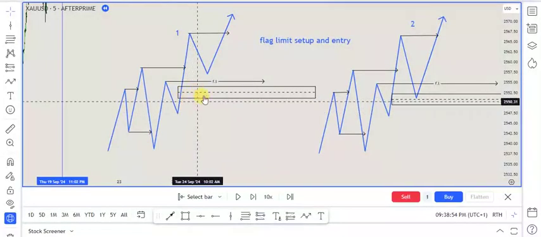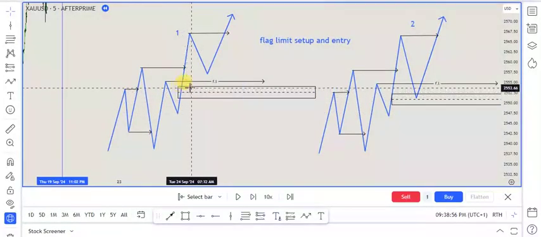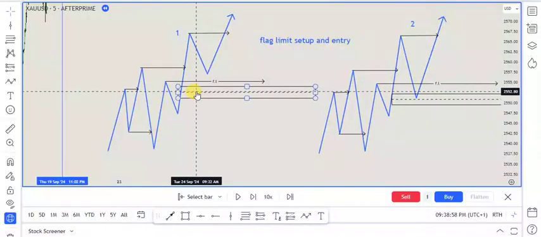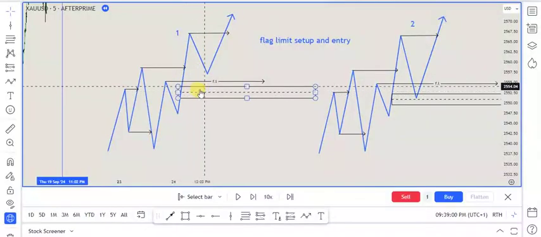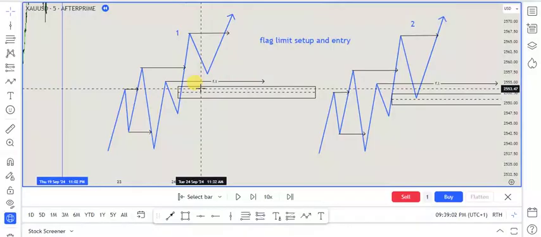Okay, so you have your fair value gap. Once you spot the fair value gap, there are actually two types of setup.